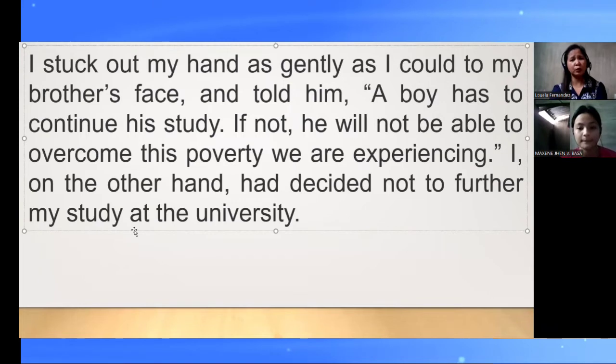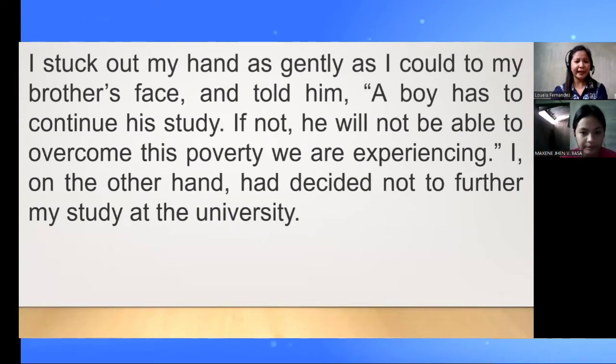What should I do? She said that if my younger brother will not be able to overcome this poverty we are experiencing, what will happen? They won't be able to overcome the poverty. Alright, so let's see what will happen next.